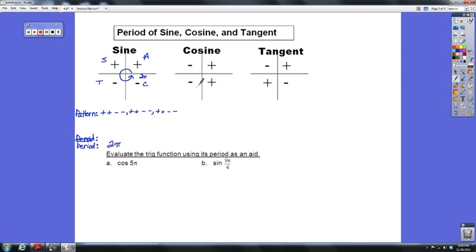All right, let's try cosine and see what happens. Let's start in quadrant 1 and go around the circle. Plus, minus, minus, plus. Let's go around again. Plus, minus, minus, plus. Plus, minus, minus, plus.